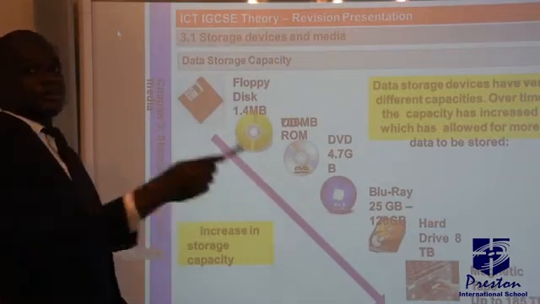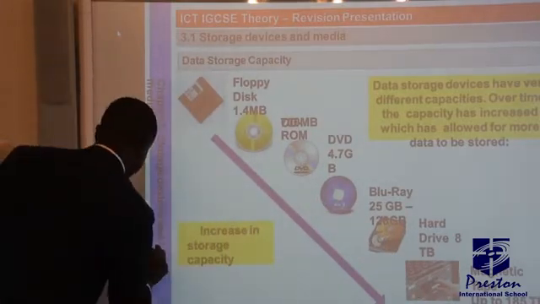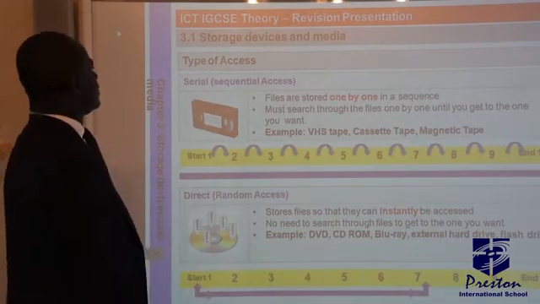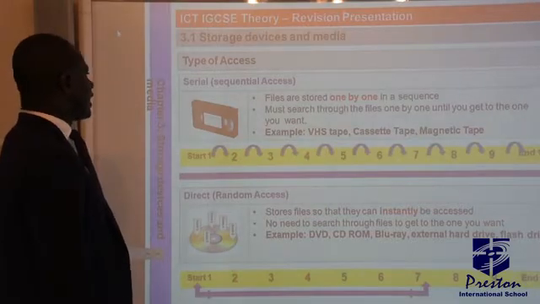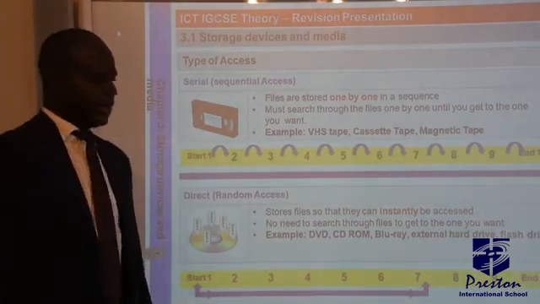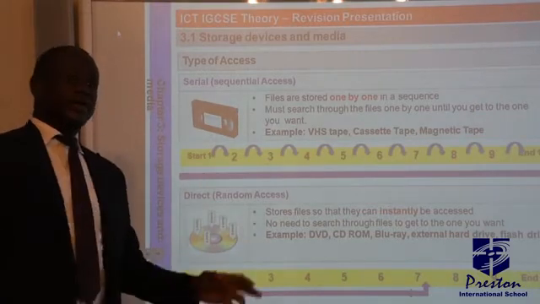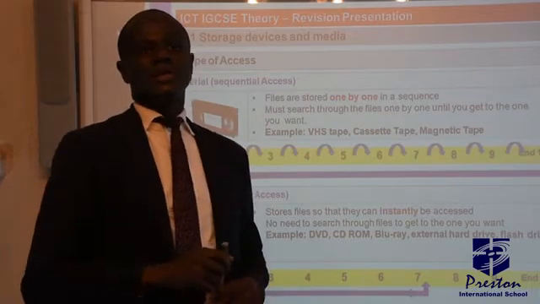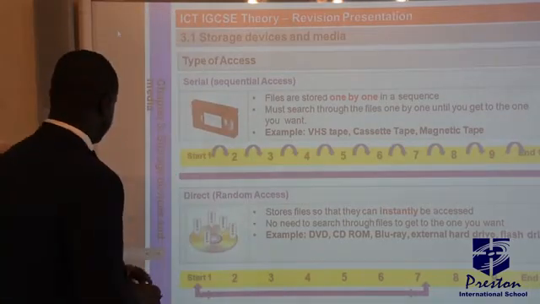Well, you're familiar with it because this is a revision class. So we'll have the sequential access, talking about the types of access, where files are accessed one by one. And we have the direct or random access, where files can be accessed at any point, at any time.